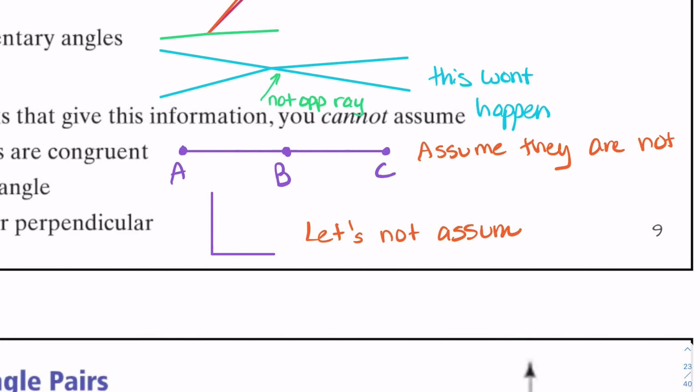So let's not assume this is a right angle without markings.